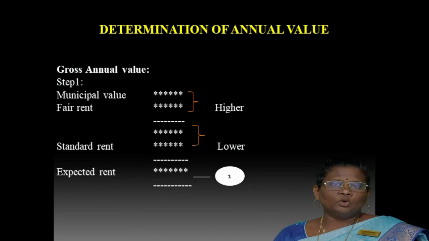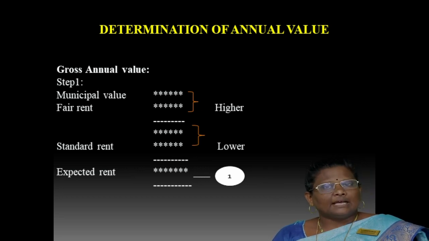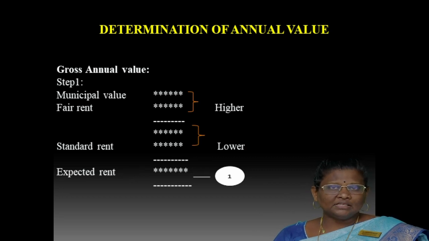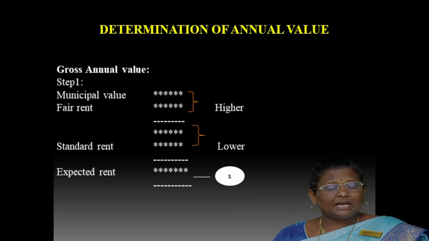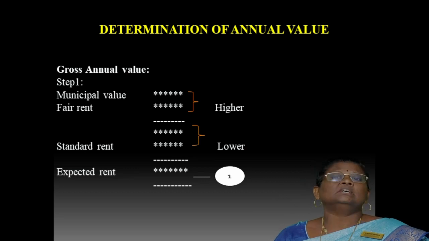Then we will see how to determine the annual value. For the purpose of calculating annual value, first we have to calculate gross annual value. The gross annual value is calculated by the following steps. The first step is we have to consider municipal value and fair rent. From these figures, the higher value is first taken.